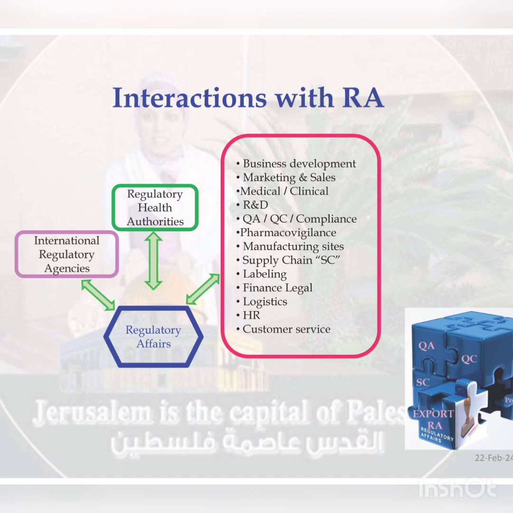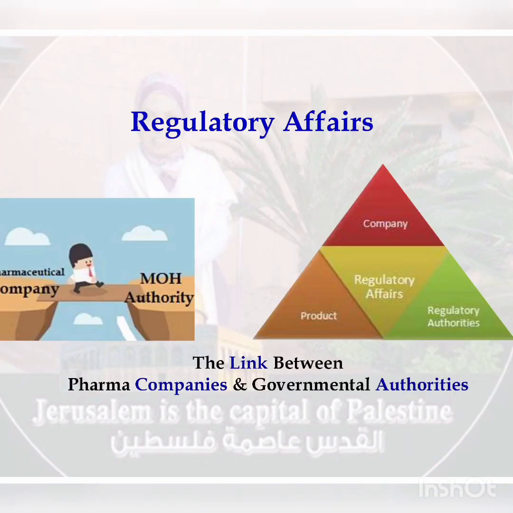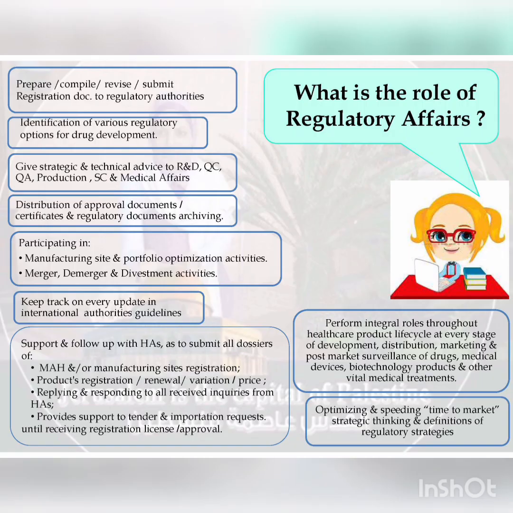As well, Regulatory Affairs Department is responsible for the communication with the regulatory health authorities and with the international regulatory agencies. As a brief, regulatory affairs is the link between pharma companies and governmental authorities.